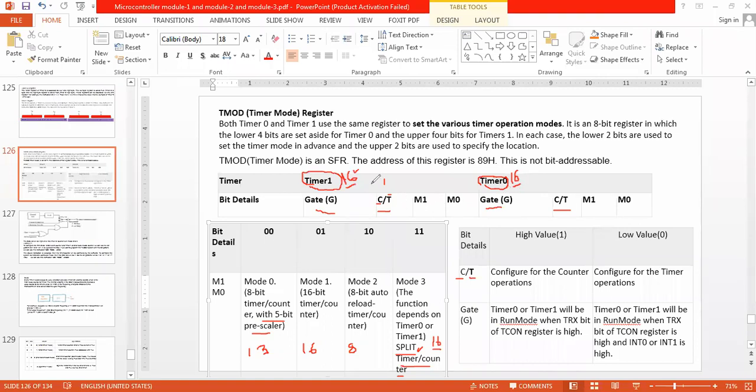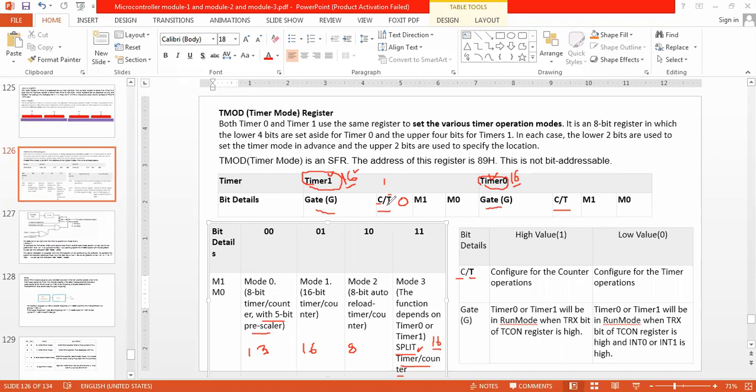The value of the timer is incremented by 1 for every machine cycle. Whenever this bit is 0, internal clock frequency is used.